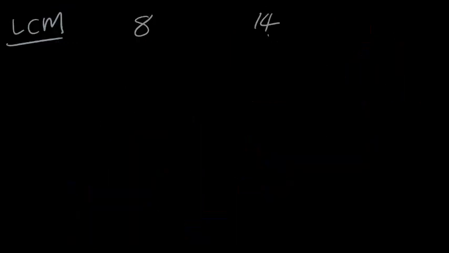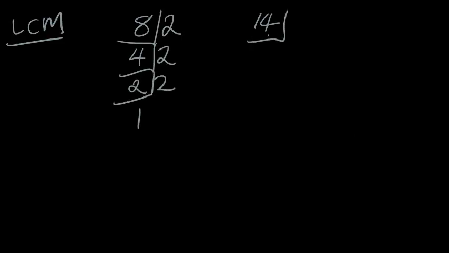Let's do LCM for 8 and 14. The factors for 8 is going to be divide by 2 gives me 4, divide by 2 gives me 2, divide by 2 gives me 1. Divide 14 by 2 gives me 7, divide by 7 gives me 1. So in essence, what am I saying? The factors of 8 are going to be 2 times 2 times 2.